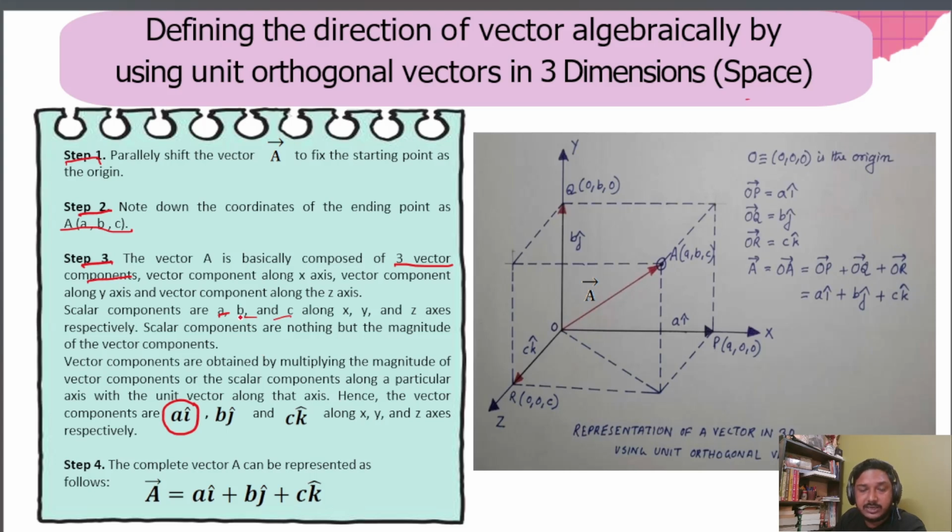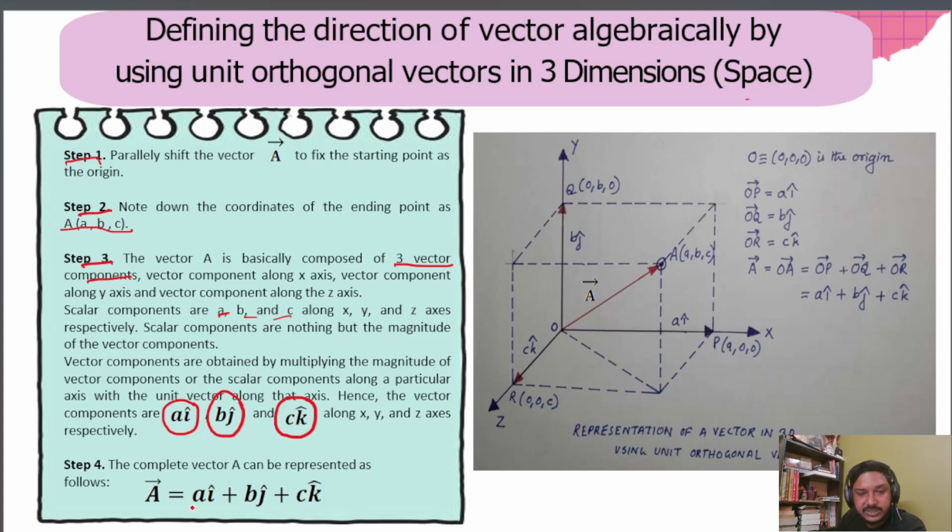As the scalar component along Y axis was B, if you multiply the unit vector along Y axis, that is j cap, with B, we get the vector component of the vector A along Y axis, which is B j cap. Similarly, along the z-axis, the unit orthogonal vector is k cap. So if you multiply the scalar component with the unit orthogonal vector, we get the vector component.